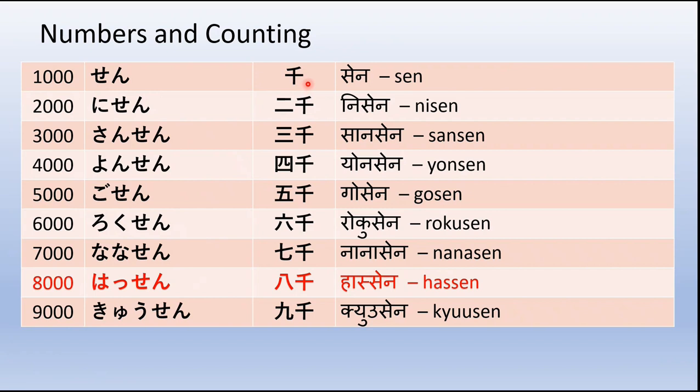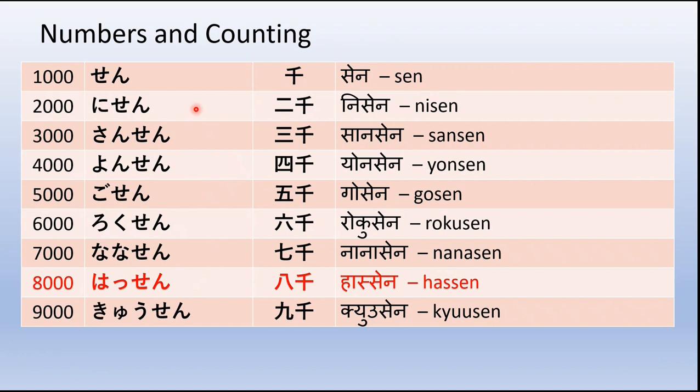So sen is 1000, and sometimes we also call it isen, which is the combination of ichi sen. So either isen or sen, both are the same and both mean 1000.